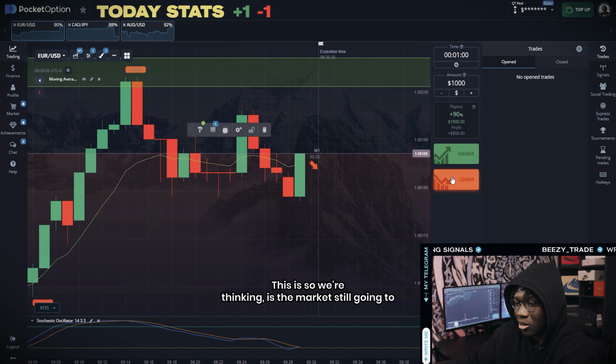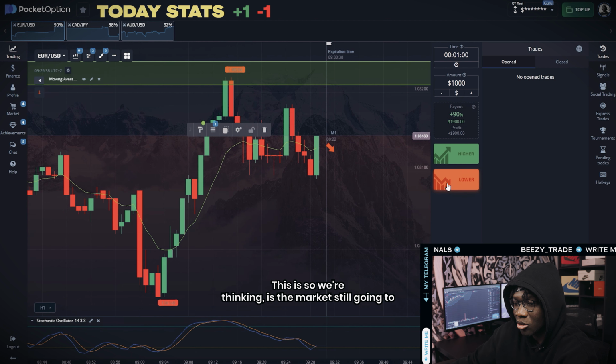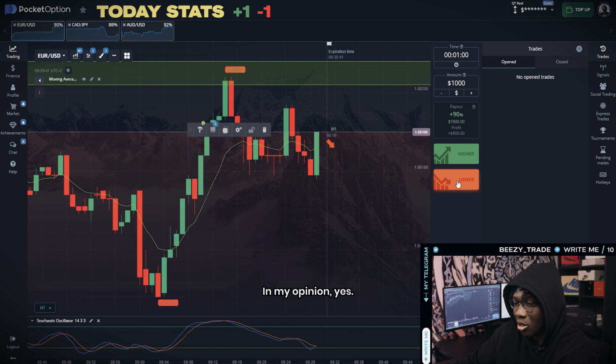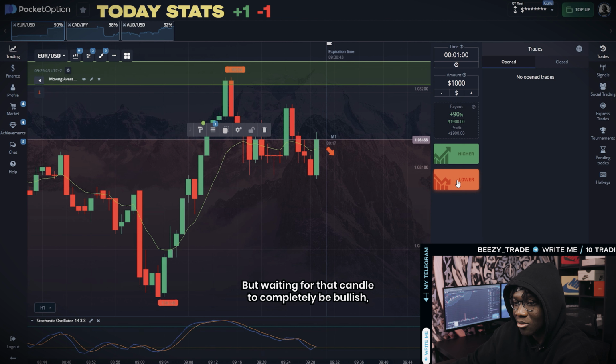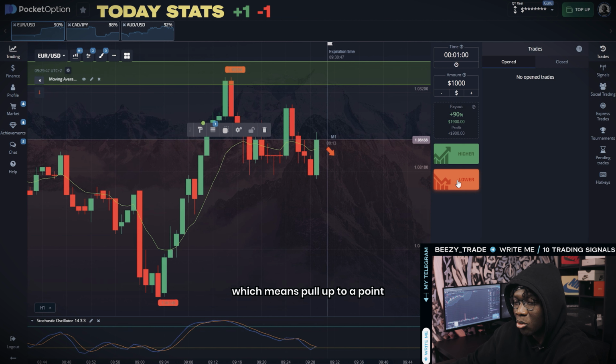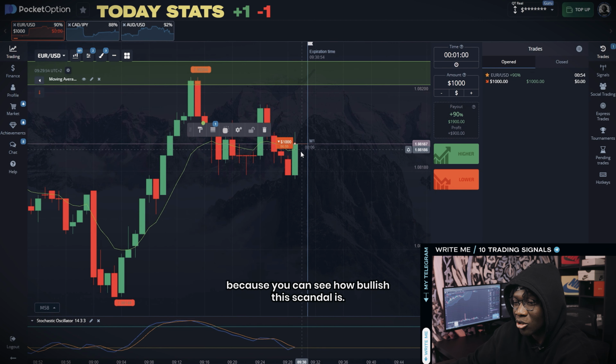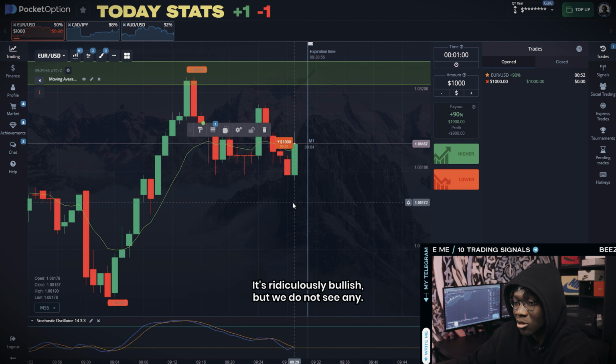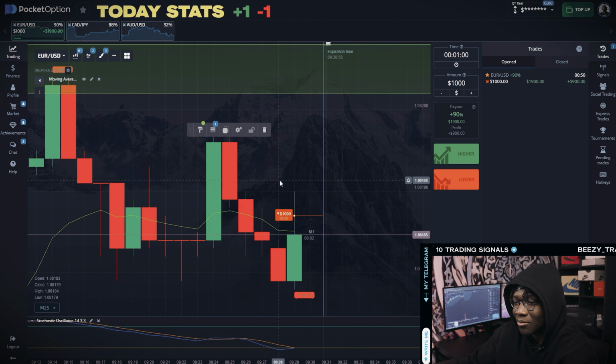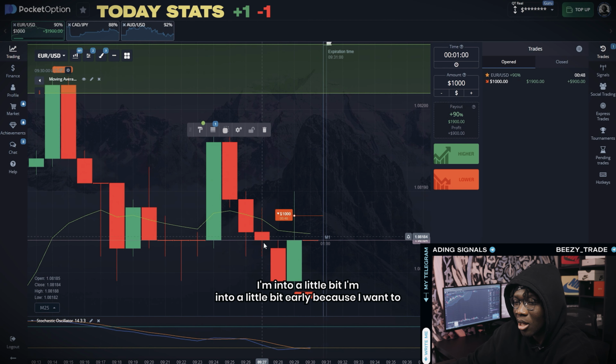So we're thinking, is the market still going to crash down? In my opinion, yes. But waiting for that candle to completely be bullish, which means pull up to a point. Because you can see how bullish this candle is. It's ridiculously bullish. But we do not see any. Okay, I'm gonna enter a little bit early because I want to wait.